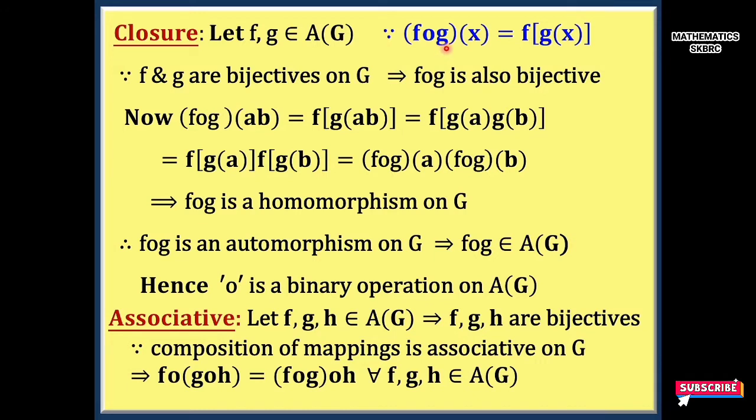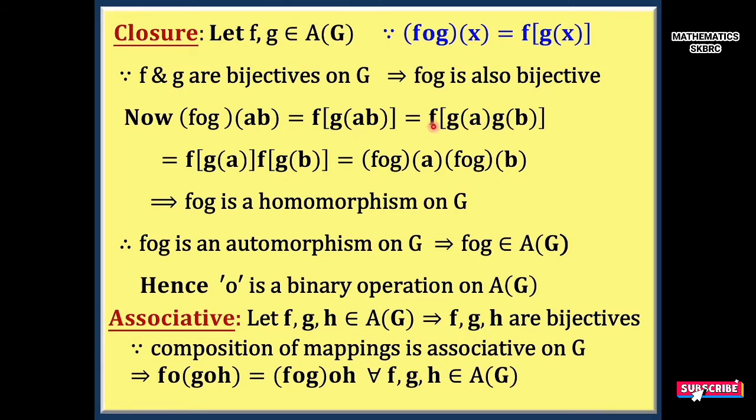Since f circle g of x is equal to f of g of x, that gives f circle g of ab is equal to f of g of ab. Since g is a homomorphism on G, it can be written as g of ab is equal to g of a into g of b. That is f of g of a into g of b.